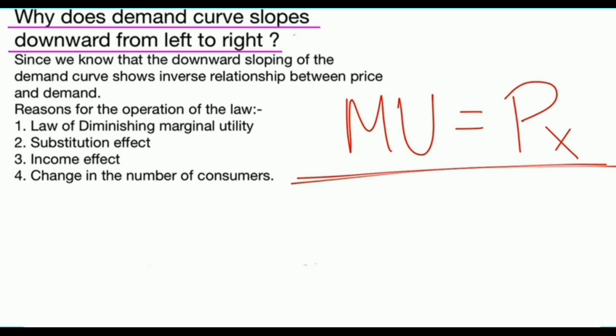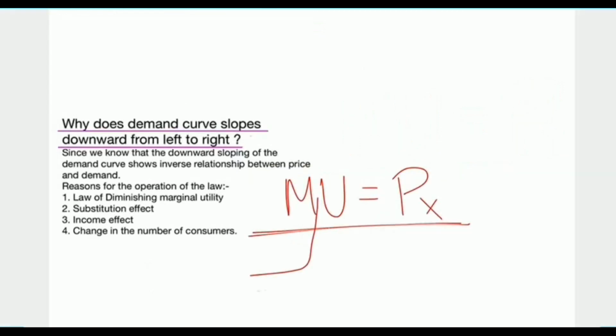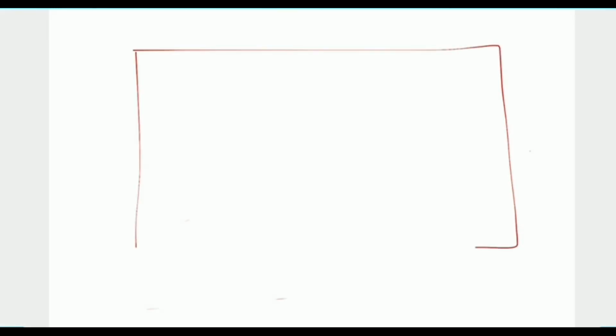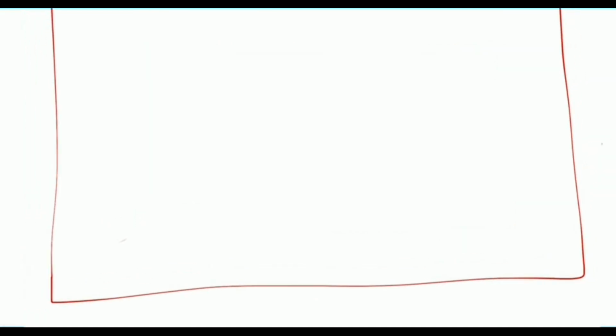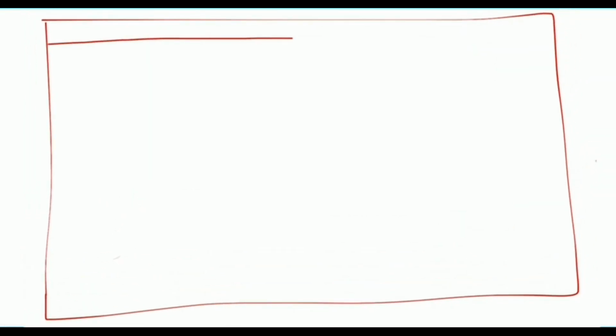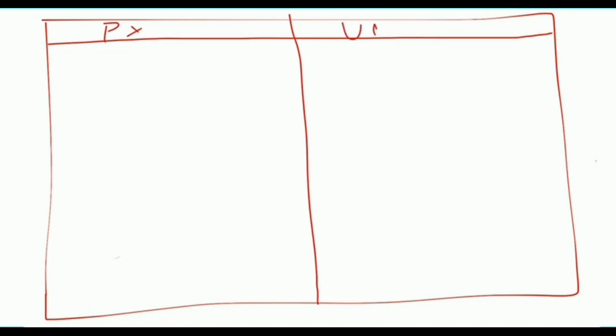For example, I'm making a schedule. This is the price of a commodity and this is the utility. Utility means satisfaction, clear? So when the price of any commodity, let's say Kurkure, is rupees 10, then the satisfaction we are deriving from that is 50.